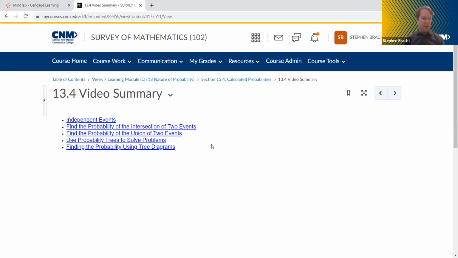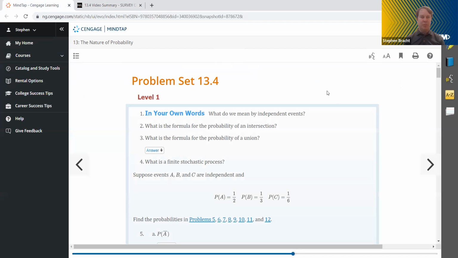What I'm going to do is spend some time going over some problems from section 13.4 in the textbook. And what I want to do is some problems that are similar to the ones that you'll be encountering when you do your own homework, okay?